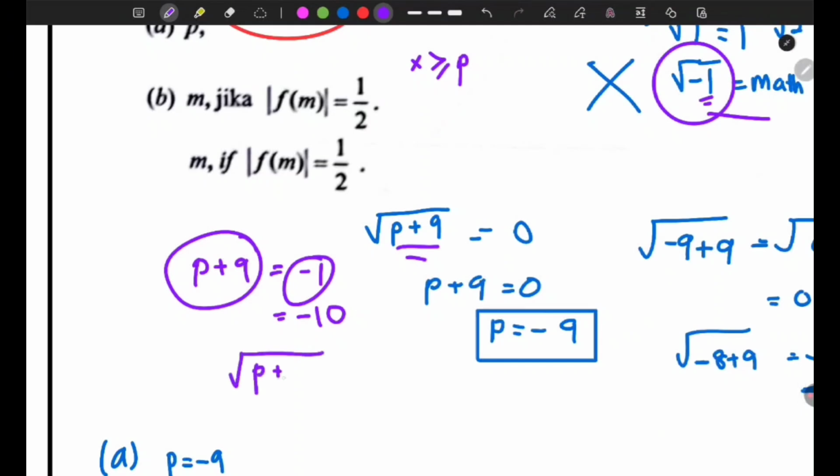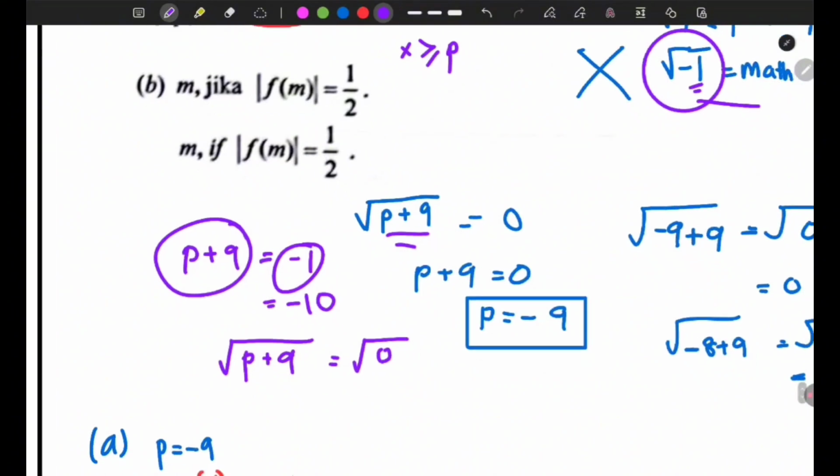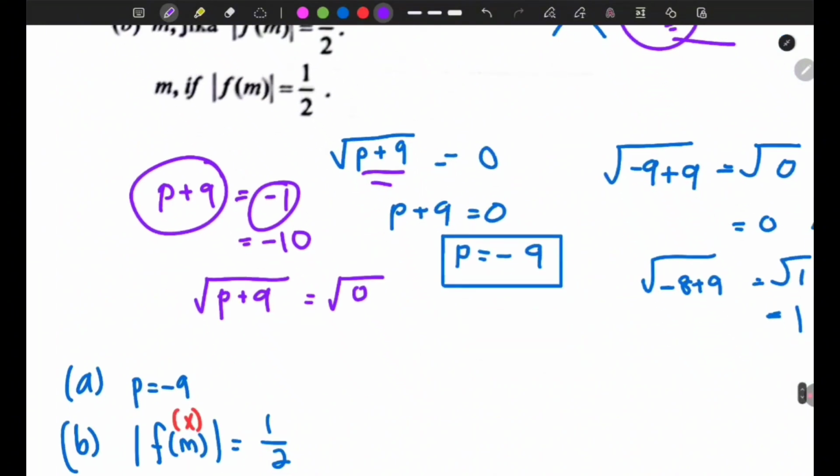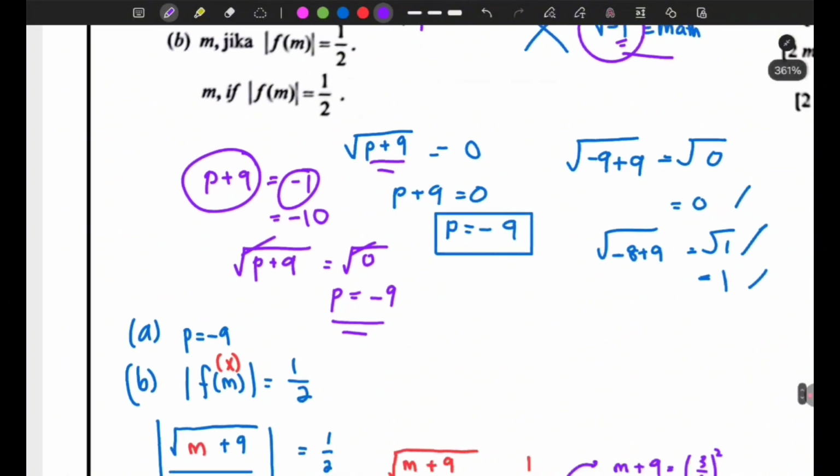This p plus 9, what can cause it to be 0? That's the minimum. The plus 9 brings it to negative 9. So negative 9 is the minimum value that brings it to 0. So 0 still can be calculated. It will give you a 0. As long as it's not a math error, the function is still able to be solved.